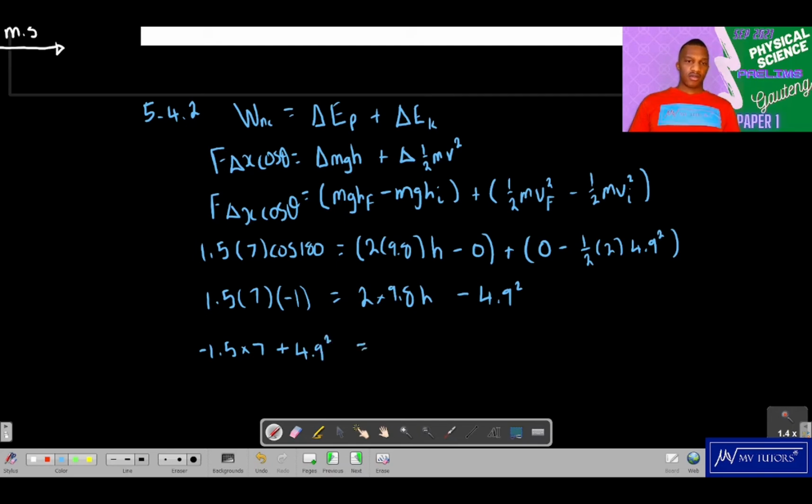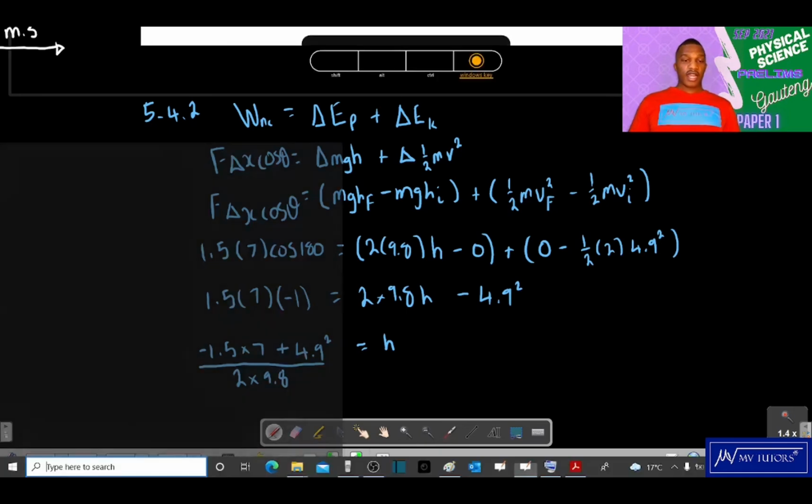That's going to equal h. So I'm going to divide both sides by 2 times 9.8. So I have 2 times 9.8. Okay, so potentially this is what I want to put in the calculator.